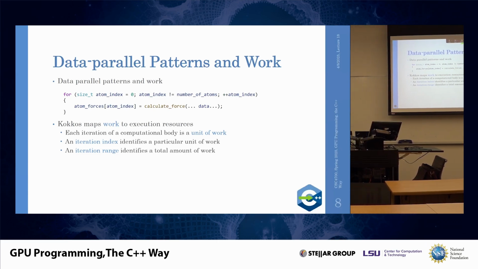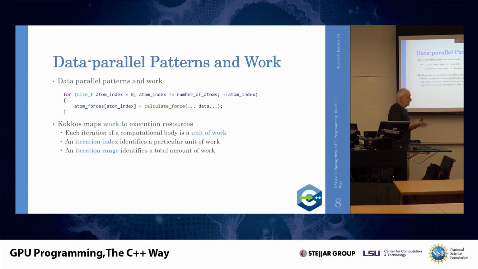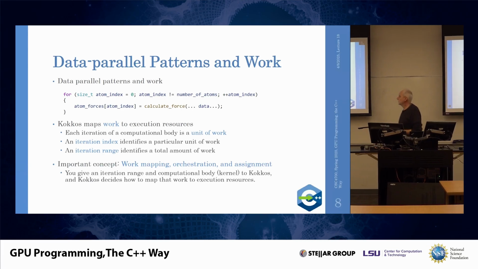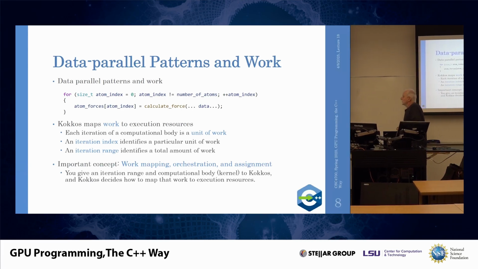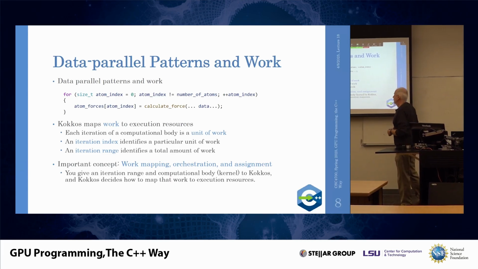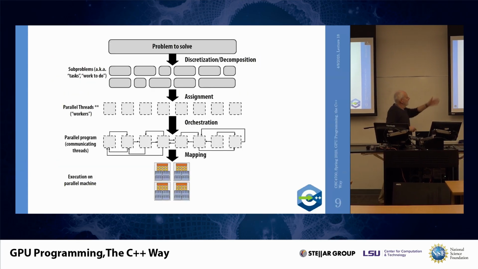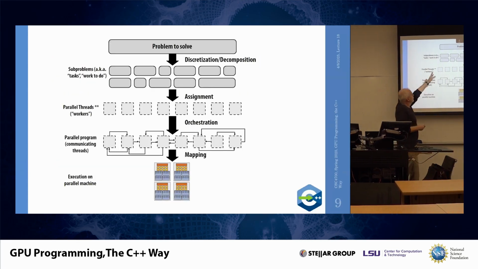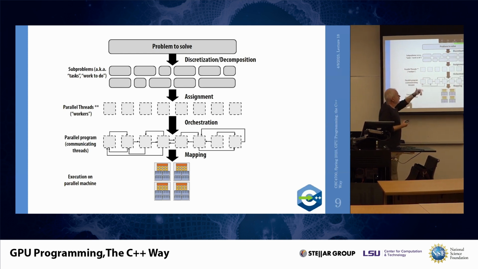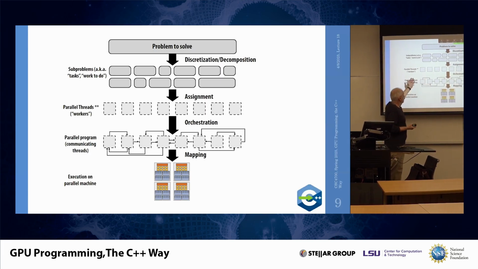So we have an iteration index which identifies a particular unit of work, and we have a range of those indices which gives you the total amount of work. Nothing surprising here. So what Kokkos does, it manages the mapping, orchestration, and assignment for you. And that is very similar to what I said before, right? We saw that scheme where, when I have a problem to solve that I want to parallelize, I first have to find the subproblems I want to represent, and then I need to somehow assign that to threads.